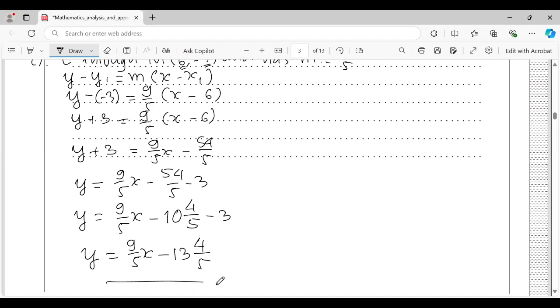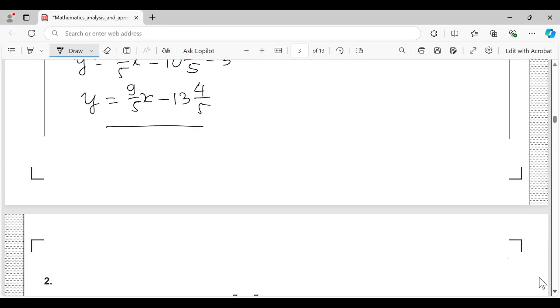This is the equation of L. Let's continue to number 2.